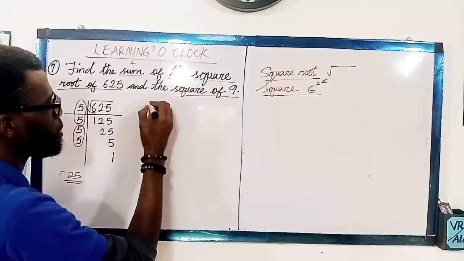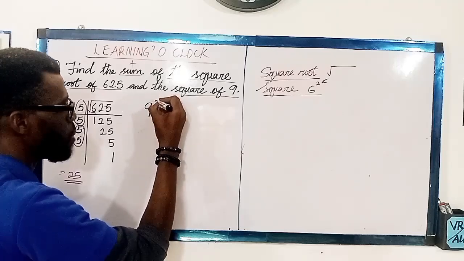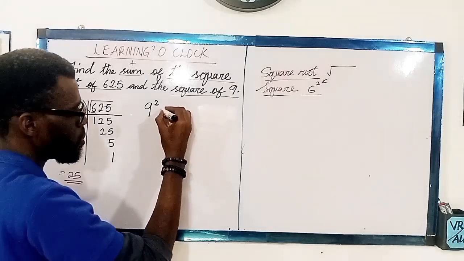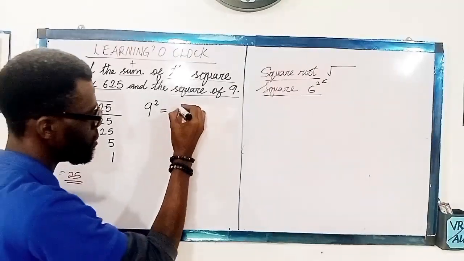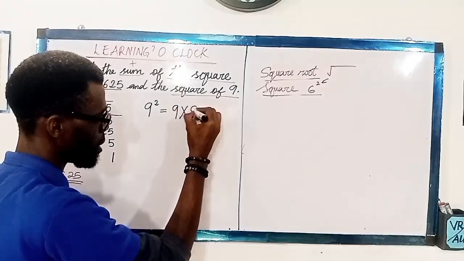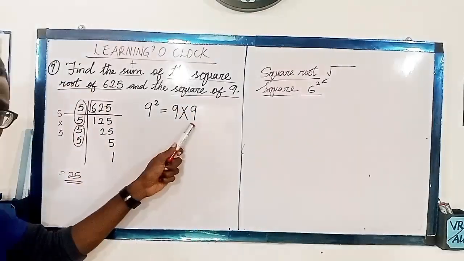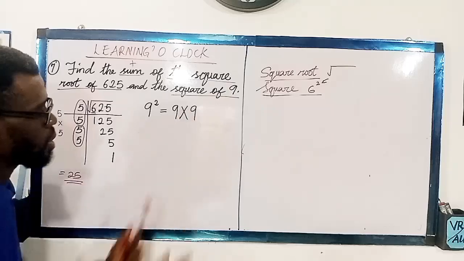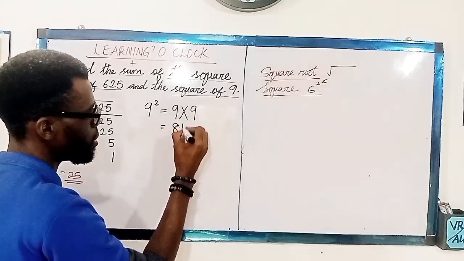So the square of 9. So 9 by the power of 2. That's what it simply means. So this is equal to 9 times 9. Just 9 multiplied by itself 2 times. So 9 times 9 is 81.